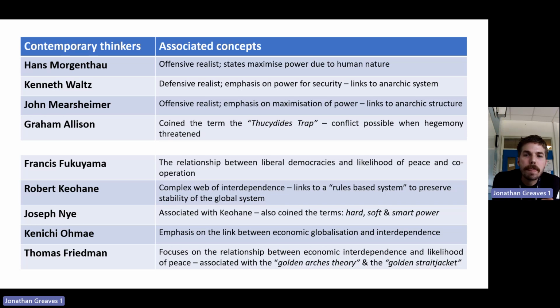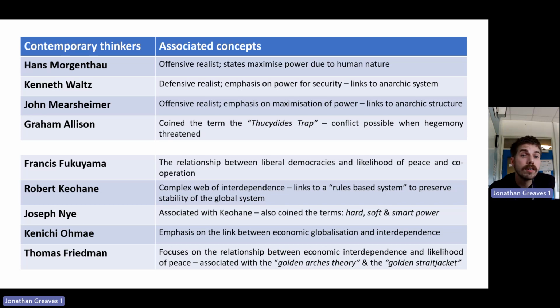So, the end of history is largely a thesis about how, as we move away from the Cold War and the ideological struggles of capitalism and fascism and communism have been settled, we will now enter a phase of a more peaceful coexistence globally. And this is linked to the fact that we have more liberal democracies.